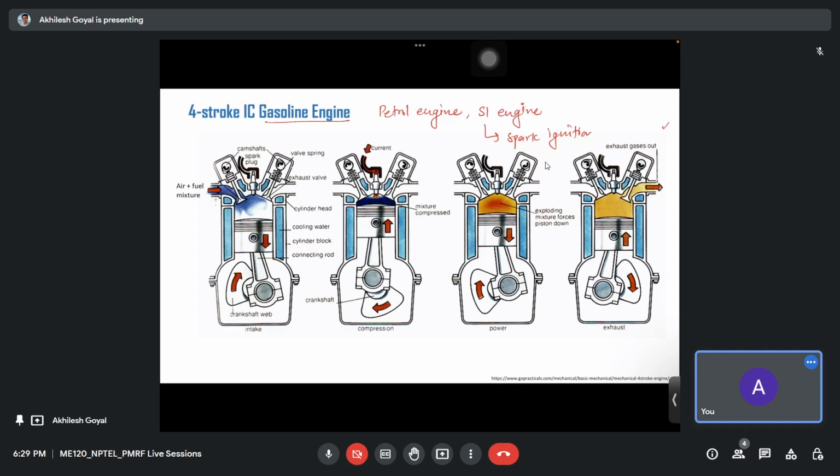So both engines are different, as the intake for both engines is different. For SI engine it is air plus fuel mixture, for CI engine it is only air.